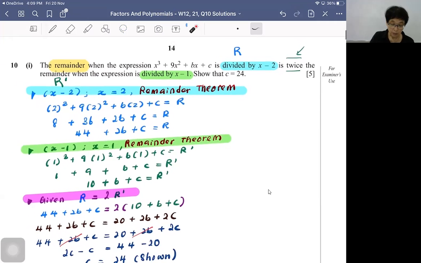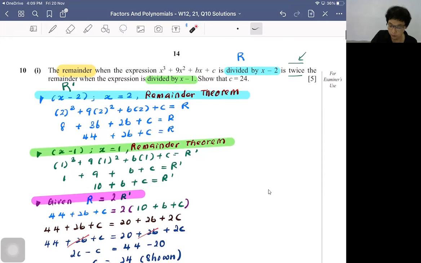With that in mind, let's start our solution step by step. The first step is the divisor x minus 2. From here, we draw out the x value as x equals 2. Yes, I know that you have observed the interesting notation here.